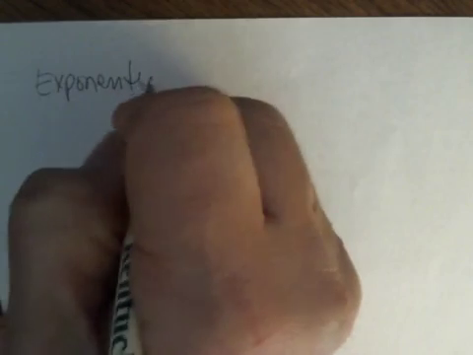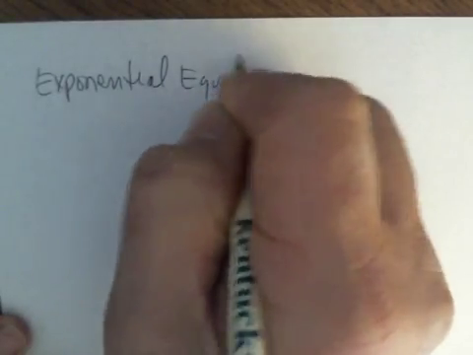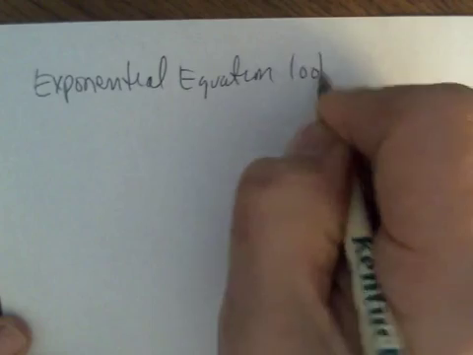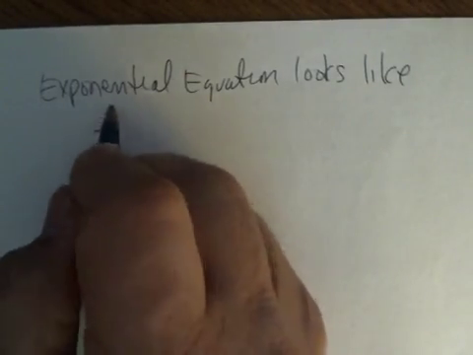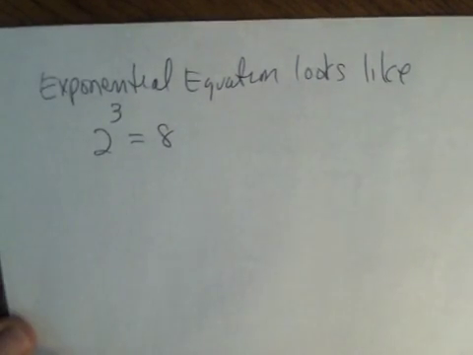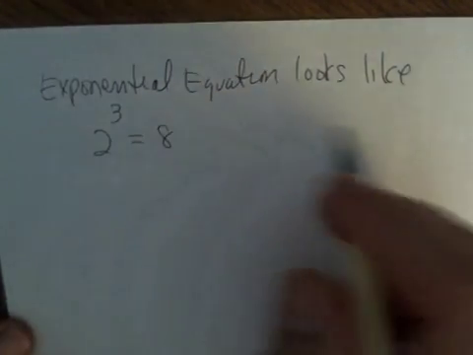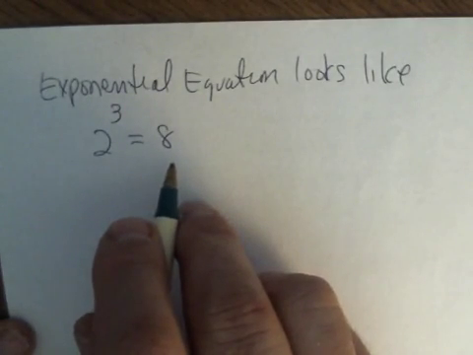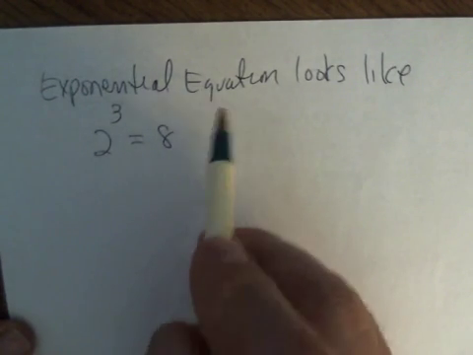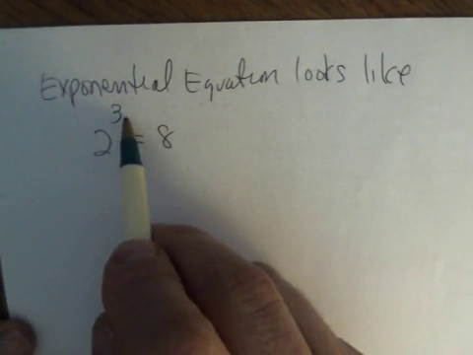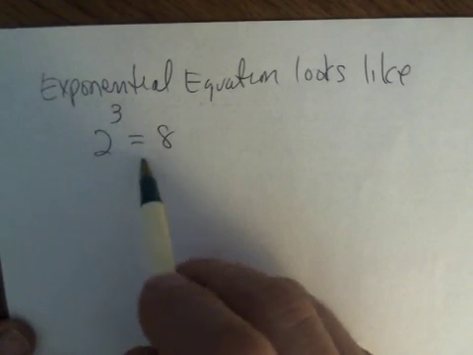Anyway, let's look at an exponential equation. An exponential equation looks like this: 2 cubed is 8. All right? With each exponential equation, the reason why it's called an exponential equation is, one, it has an exponent, and the other is an equal sign.